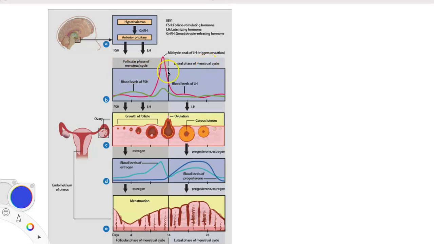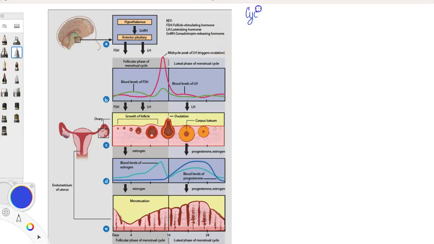So if we look at these charts, this is a cycle. So the cycle runs for 28 days. So we've got day 1 to day 28. You can see that down here, day 1 to day 28.